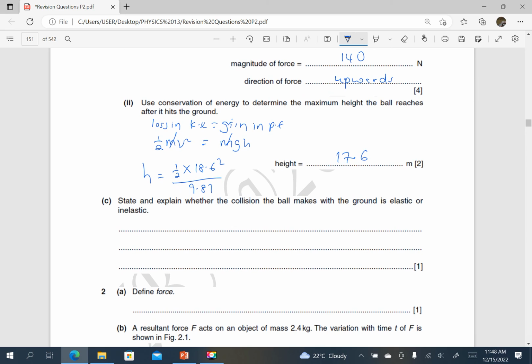So we say that kinetic energy of the ball is not conserved on impact or on collision. So inelastic.